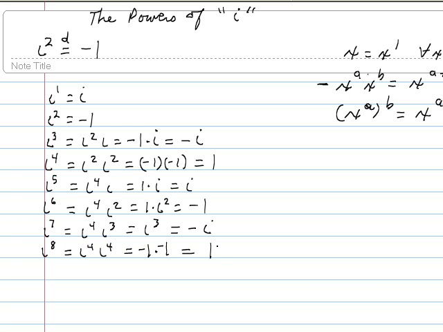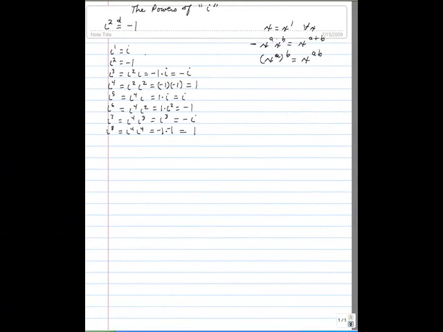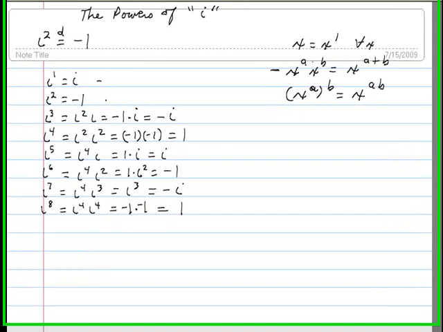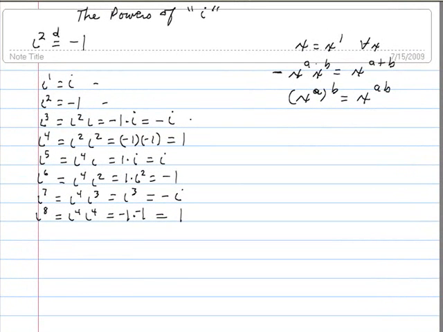Now, if you look at the right side of all these equations, you get the results. i to the 1 is i, i to the 2 is -1, i to the 3 is -i, i to the 4 is 1. Then that pattern repeats exactly. i to the 5th is i, i to the 6th is -1, i to the 7th is -i, i to the 8th is 1.